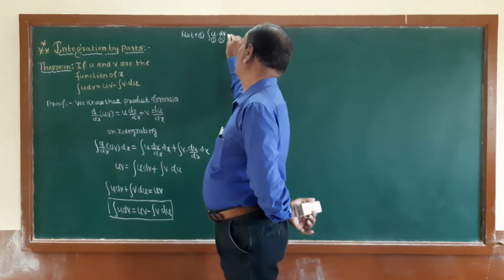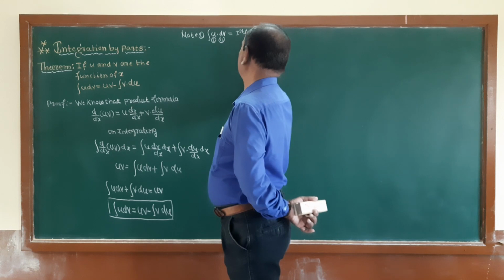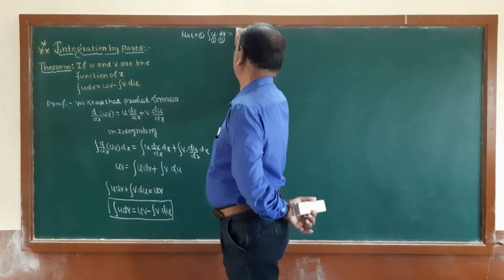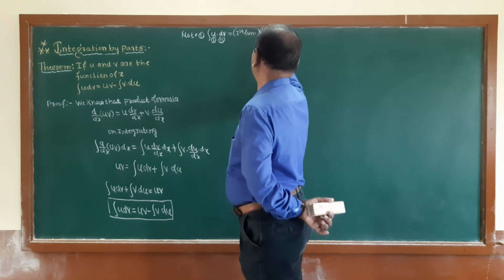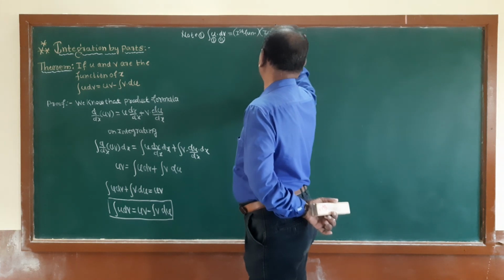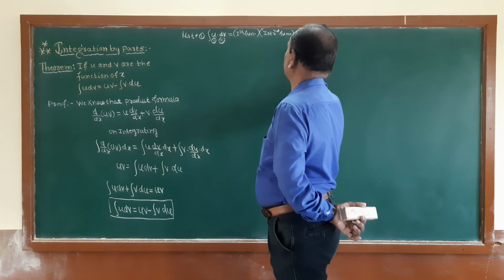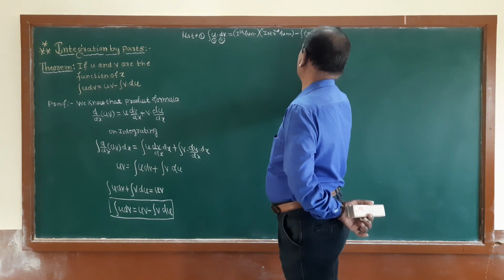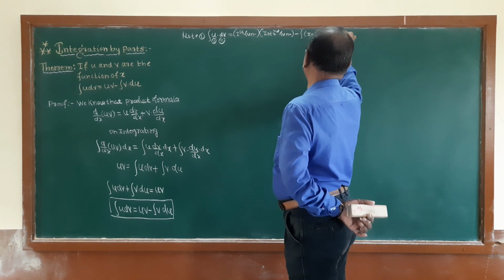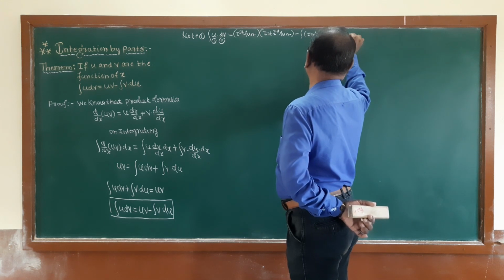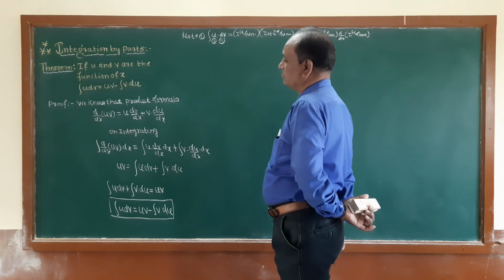To remember this formula, write the first function as it is, into integral of the second function, then minus under the integral sign, integral of the second function into the derivative d by dx of the first function. So you have to remember the integration by parts formula.